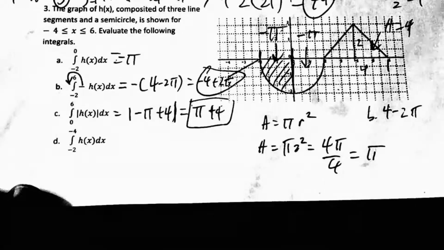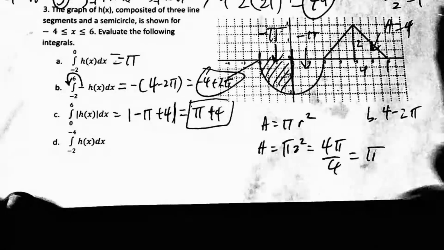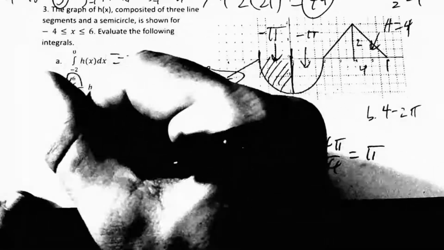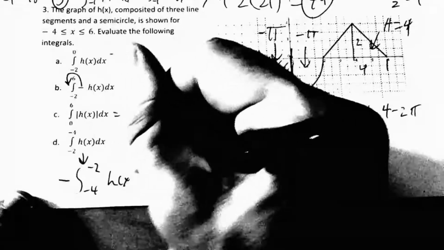Okay. Last one, negative 2 to 4 of h of x dx. Sorry, -2 to -4. Oh, so these are in the wrong order. So this is the same thing as -4 to -2 of h of x dx.